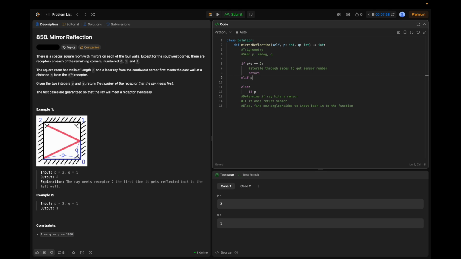Else if Q is equal to 0. I should be going based off Q, so Q is equal to P. Q is equal to P over 2. Okay, so these are the three scenarios where it's going to hit some kind of sensor.